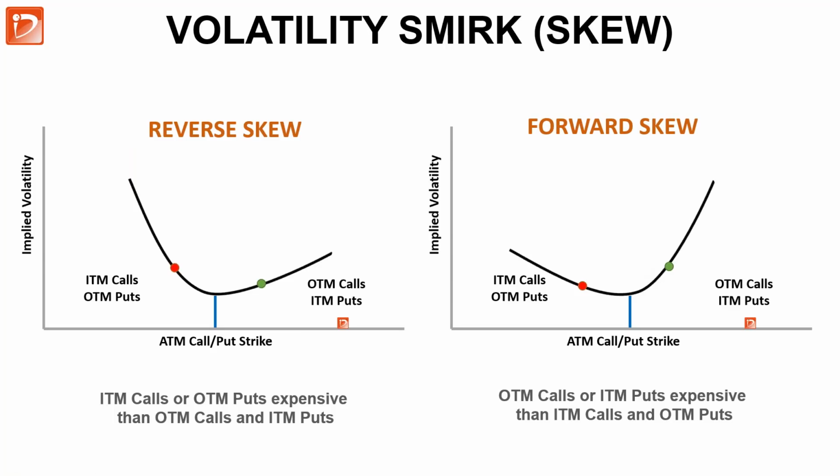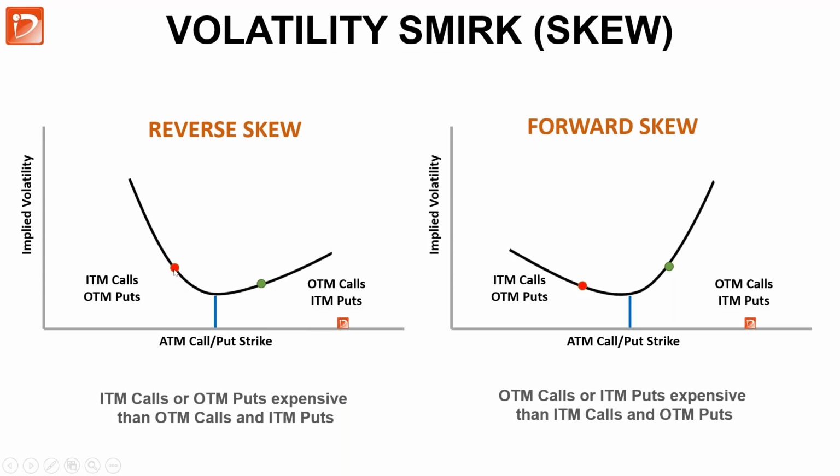Yes, exactly. So there are two kinds of volatility skews, and volatility skew is also called a volatility smirk, as opposed to a volatility smile. So there is a reverse skew, and in the reverse skew, what happens is that your out of the money puts are more expensive than the out of the money calls.